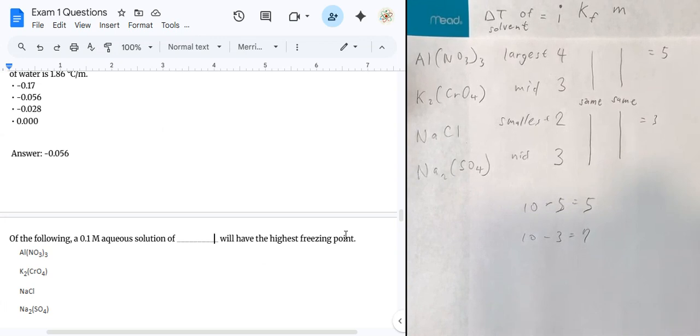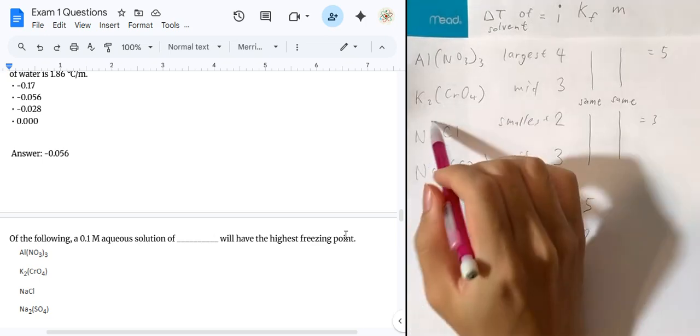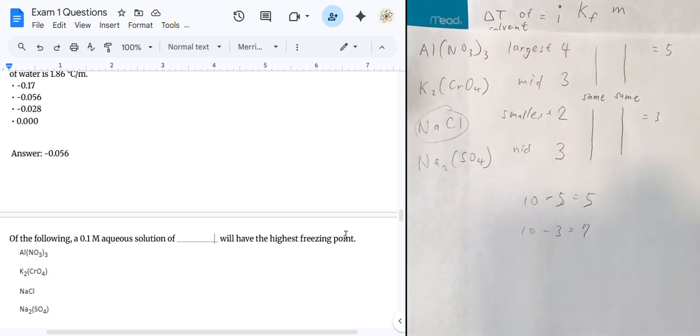So highest freezing point, NaCl would be our answer. I hope that makes sense.